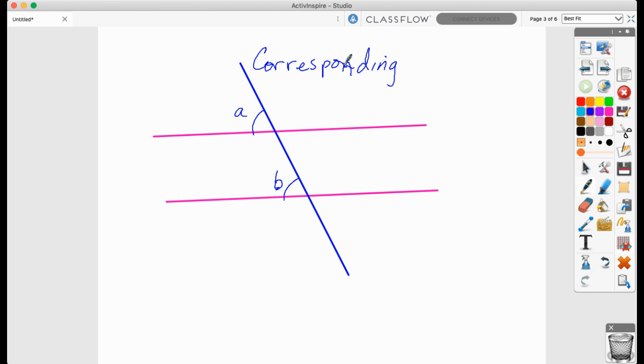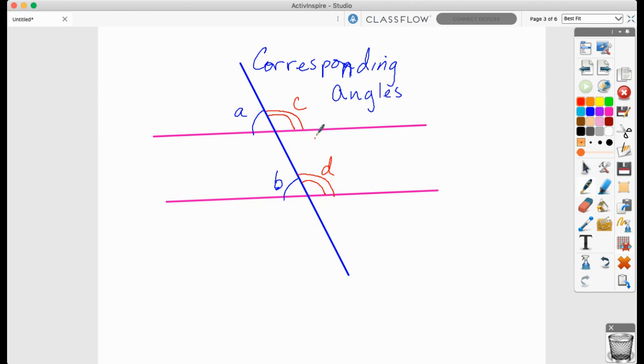Now, A and B are corresponding angles. If I look here, C is upper right and D is upper right, and those are also corresponding angles. As long as the relative position is the same, they are corresponding angles.